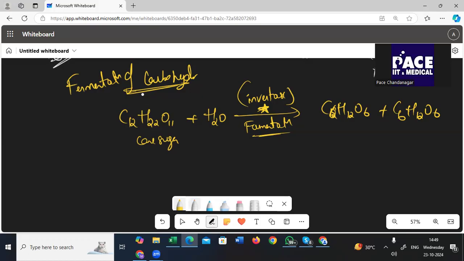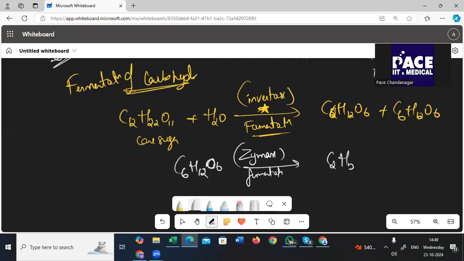Now this C6H12O6, you can count on those things also. This C6H12O6, subjected to zymase, there is an enzyme called zymase, undergoes fermentation too. It forms C2H5OH plus CO2, carbon dioxide is getting released, right?